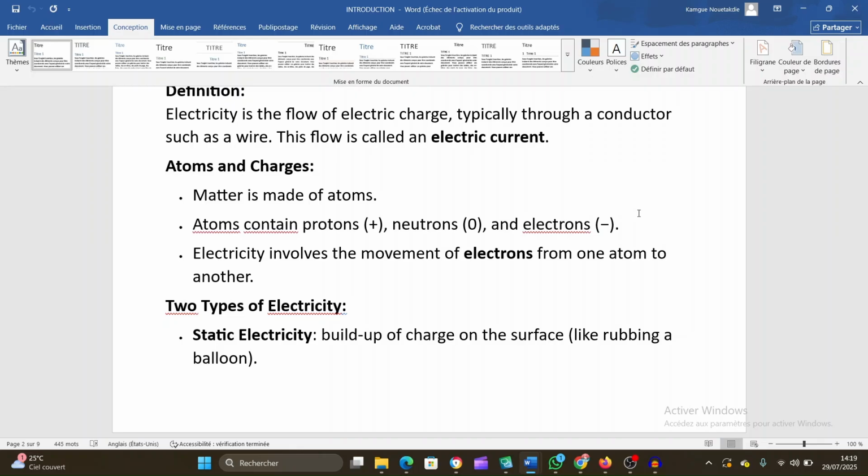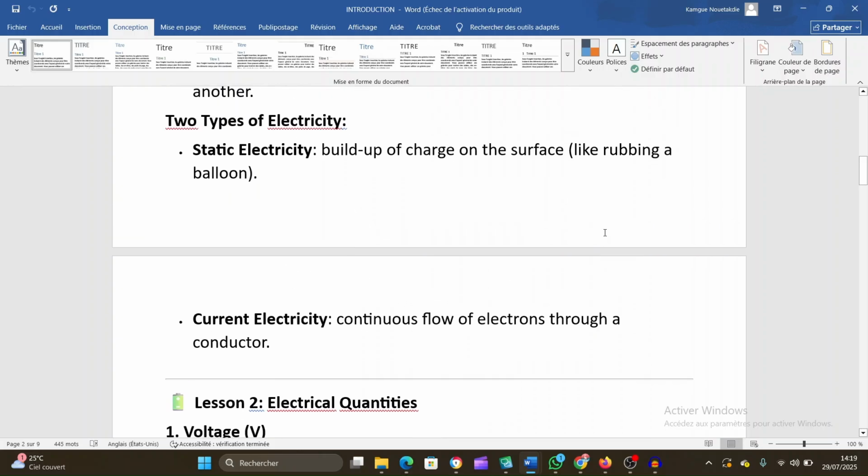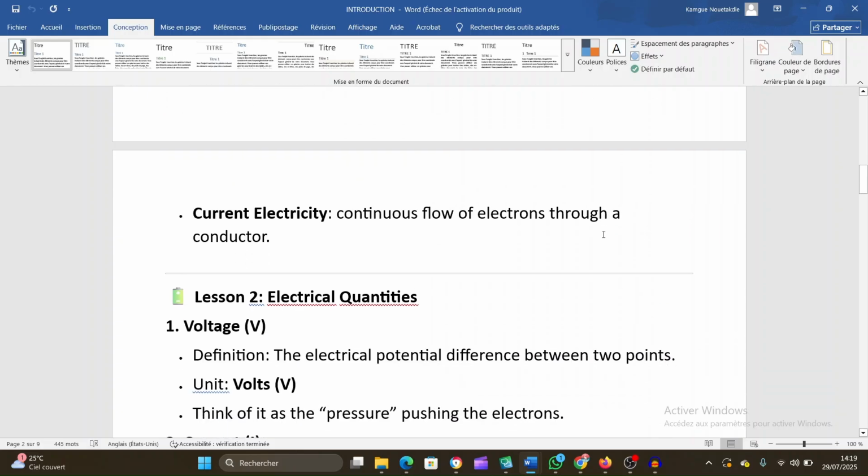After talking about the quantities and Ohm's law, we talked about components. And we said the electrical components mentioned here for beginners are not all. There are many other components that we will come to discuss when we continue this course.